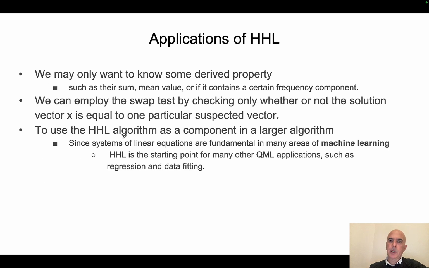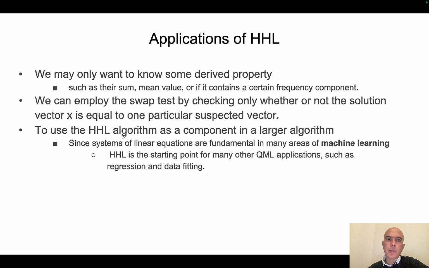What are the applications of HHL? The HHL algorithm is in many cases quite useful. For instance, if you want just to calculate a derived property, such as the sum, the mean value, or whether it contains a certain frequency component, we can use the swap test if you want to check whether or not the solution vector X is equal to one particular suspected vector that we expect.